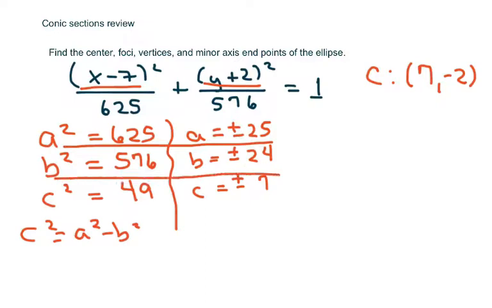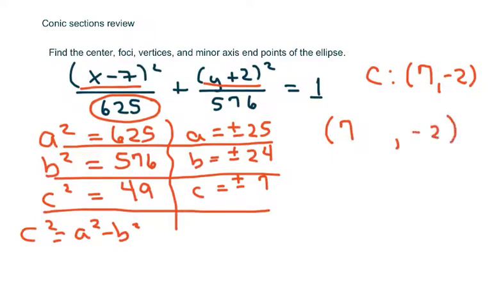All right. Now, since the bigger number is under the x, this is the major axis. So what I'm going to do is add things to the major axis. I'm going to write my center down again twice.